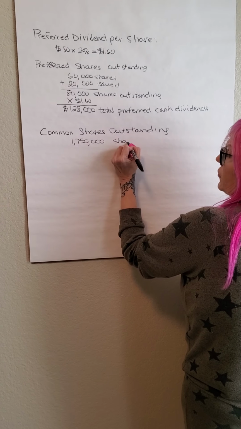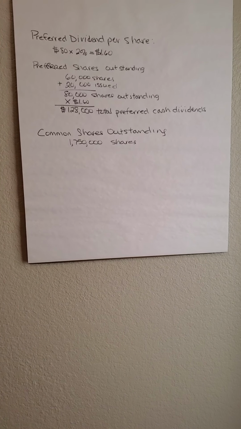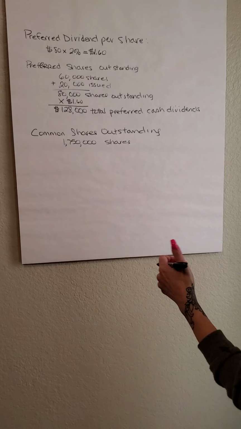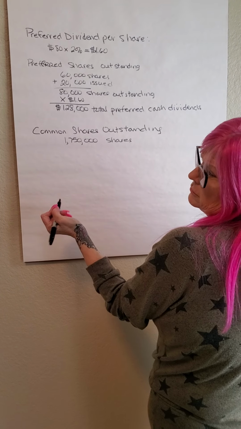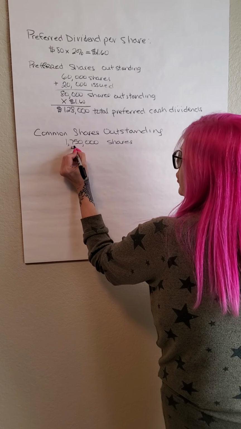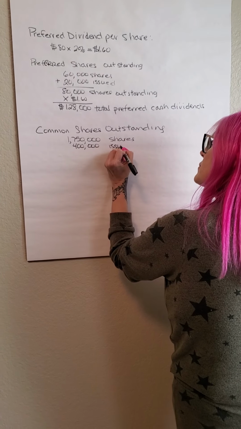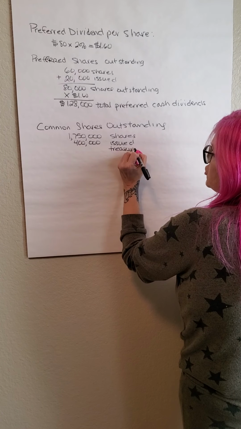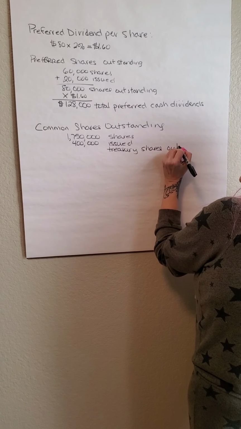So those are our shares at the beginning of the year. In addition, we issued an additional 400,000 shares in transaction D. So we've got the 400,000 shares issued. And then we need to subtract the treasury shares that are outstanding.